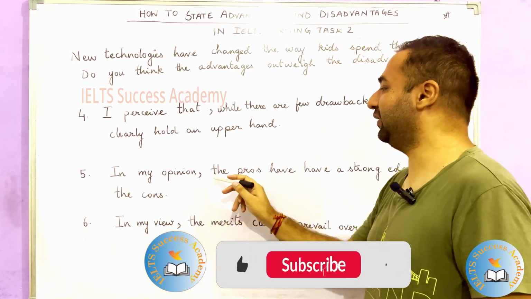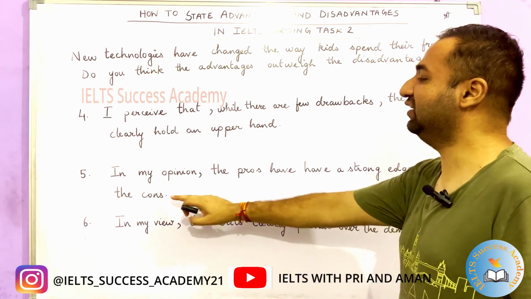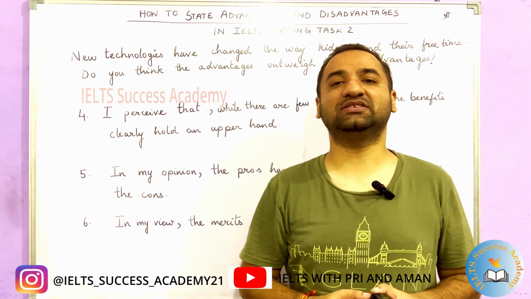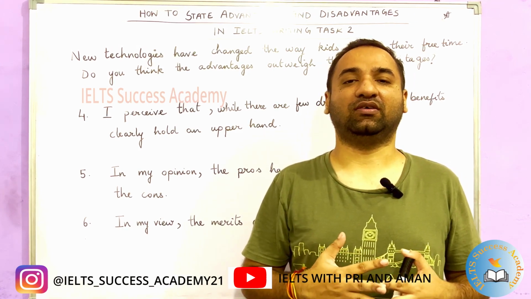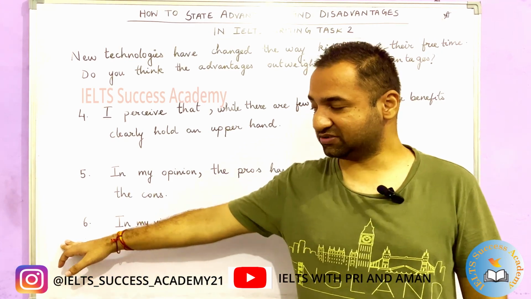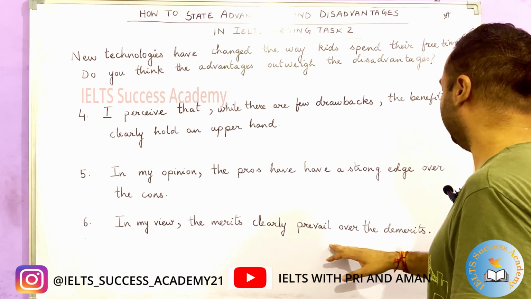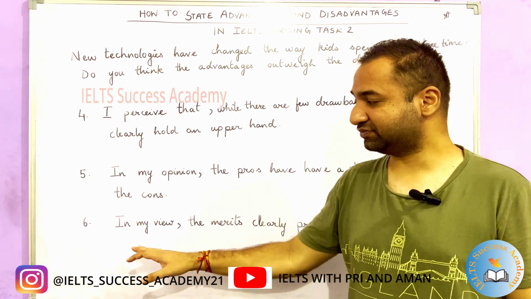Fifth, in my opinion, the pros have a strong edge over the cons. Strong edge again means that it holds the upper hand, is stronger. And the last one is, in my view, the merits clearly prevail over the demerits. This is the last one.